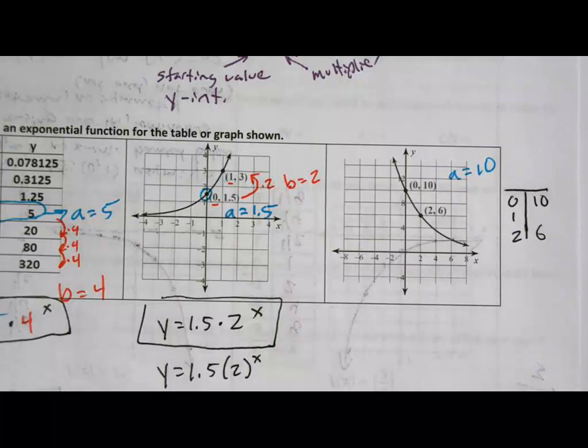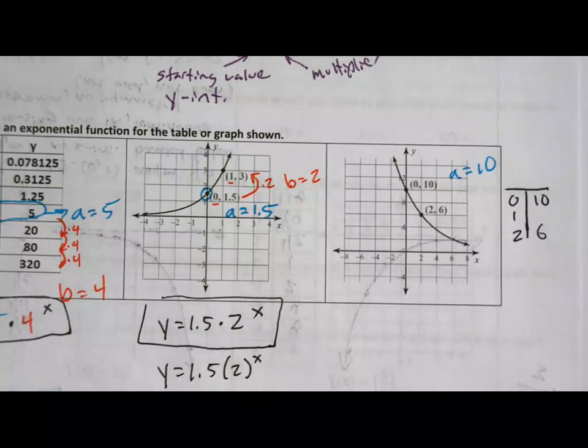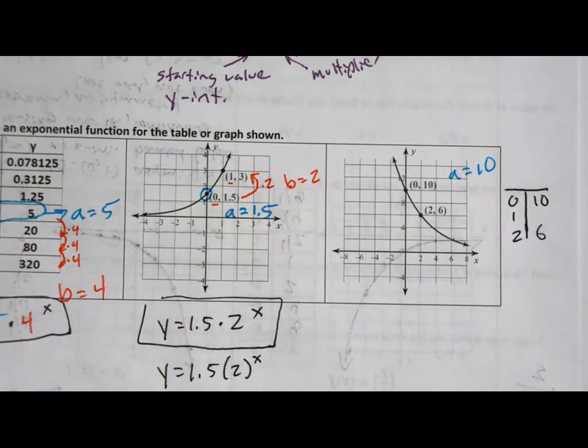Help me out here. How are we going to find it? What do you think? We could find what 2b is equal to. Oh, I like that. Can you go ahead and do that? I'm going to do it a different way, but I want to see if you come up with the same answer.